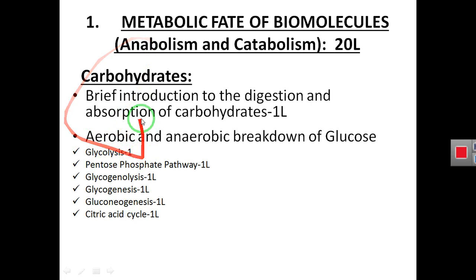In this portion, we would be completing one metabolic cycle in one lecture. For example, we will be studying glucose hydrolysis, that is glycolysis, in one lecture, pentose phosphate pathway in one lecture, glycogenolysis in one lecture, gluconeogenesis in one lecture, glycogenesis in one lecture, and then citric acid cycle in one lecture.